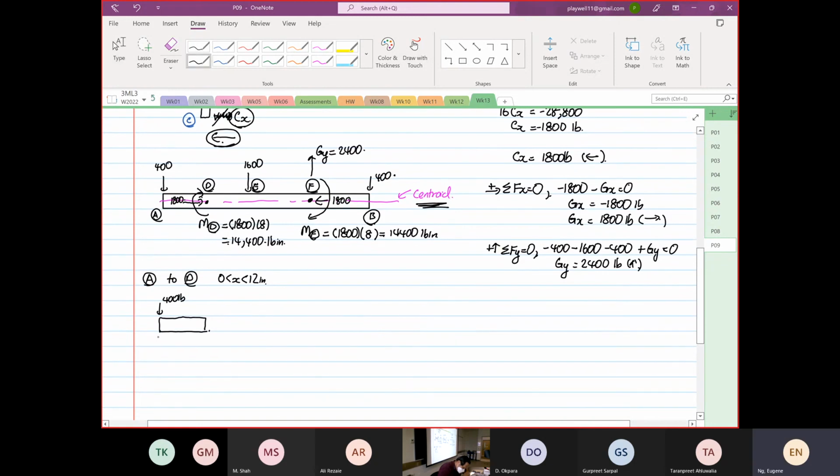So this is our x, right? This is V as a function of x, M as a function of x. So summation of forces: minus 400 pounds minus V as a function of x is equal to 0. V as a function of x is equal to minus 400, sorry.